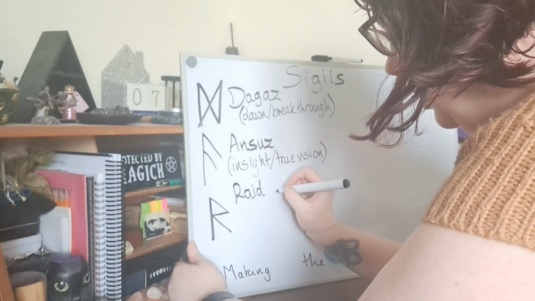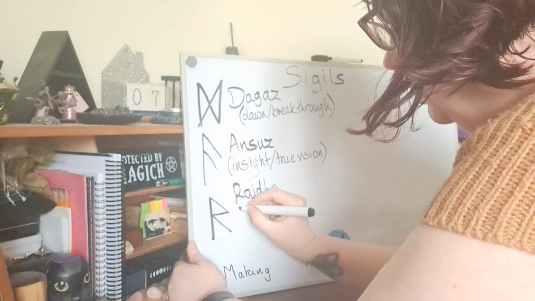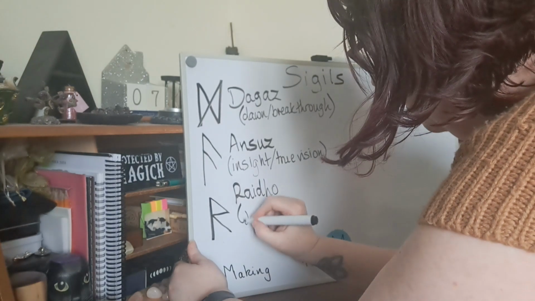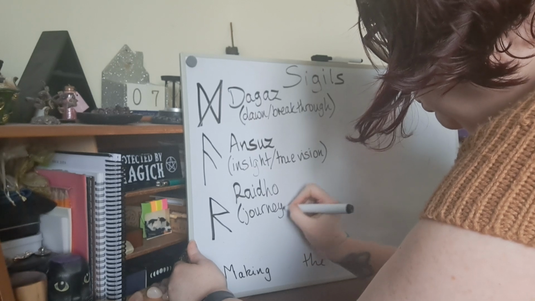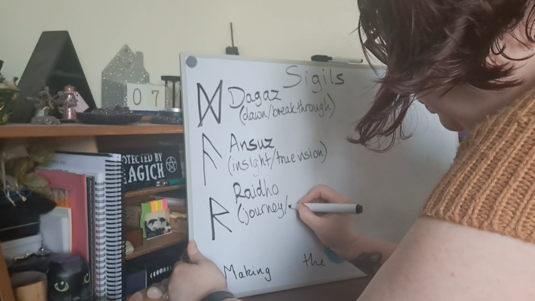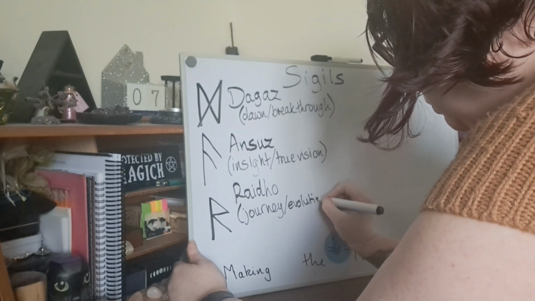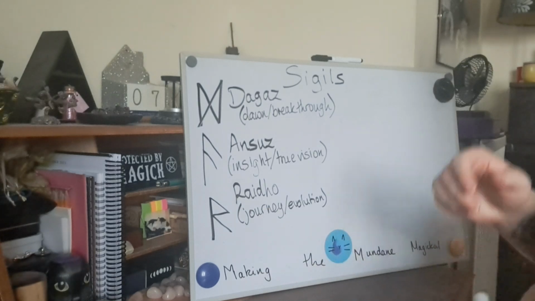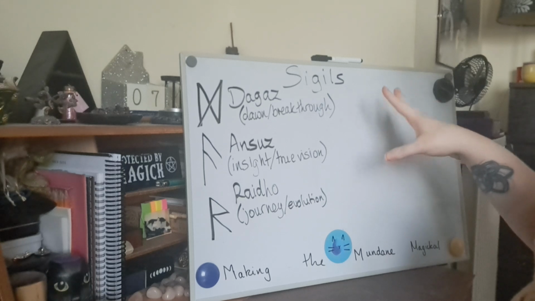Now, some people will put a H in, not everyone does. I'm going to, but this is for, so what I do is I will get 3 to 5 sigils together.